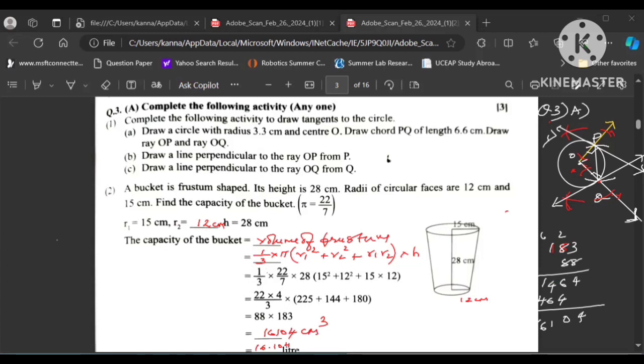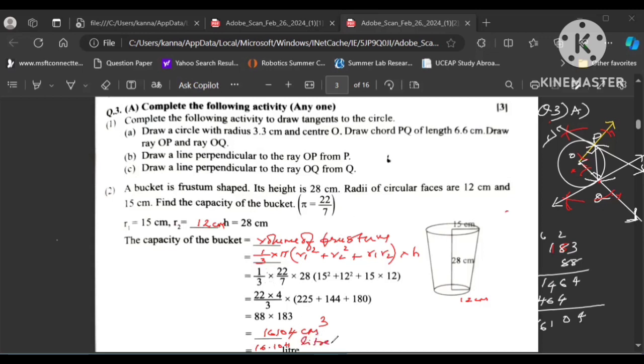Multiply 88 by 183 and you get 16,104. Divided by thousand, because I wanted liters, it becomes 16.104 liters.